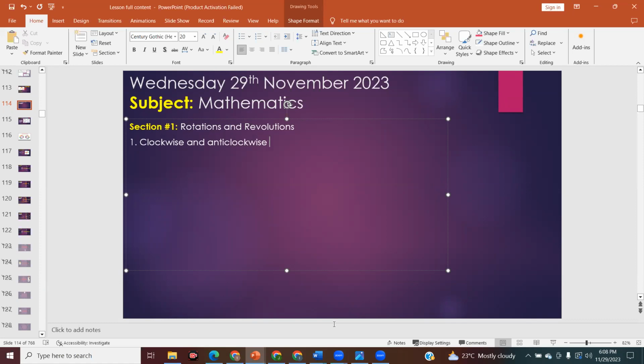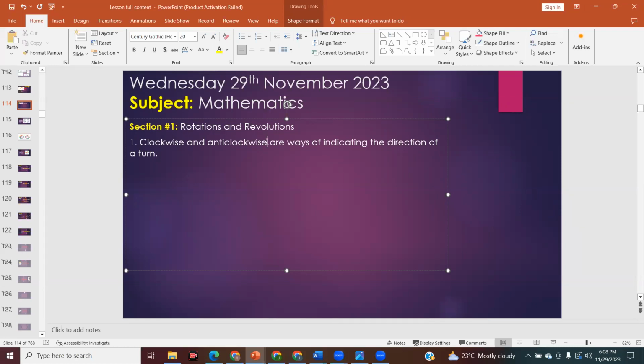Clockwise and anti-clockwise are ways of indicating the direction of a turn, ways that we can identify or describe what type of rotation we're having.